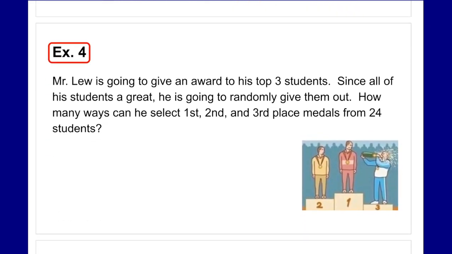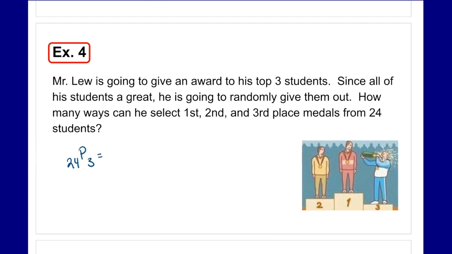So let's look at this example. Mr. Liu is going to give an award to his top 3 students. Since all of his students are great, he's going to randomly give them out. How many ways can he select first, second, and third place from 24 students? So in this case, you could do it one of 2 ways. We'll do it the easiest way, which is I have 24 students, and I want to pick 3 of them.